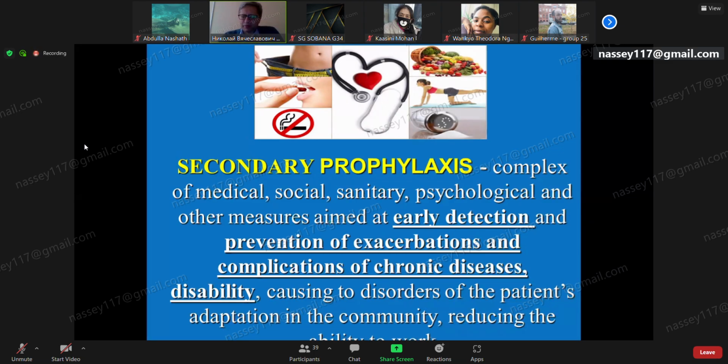Definition of prophylaxis as a separate form of preventive work.